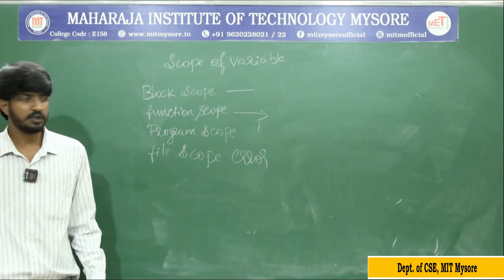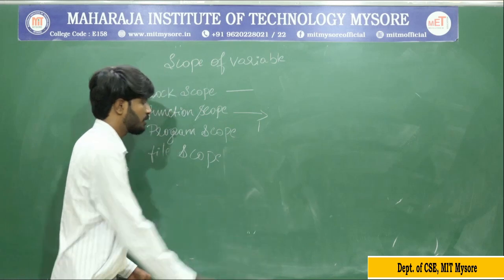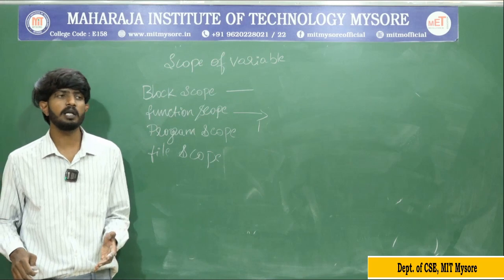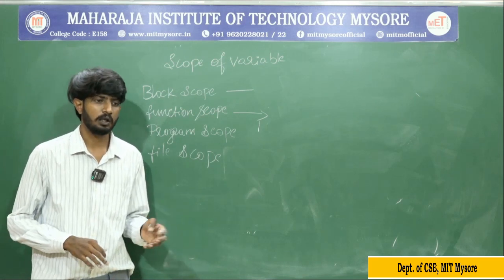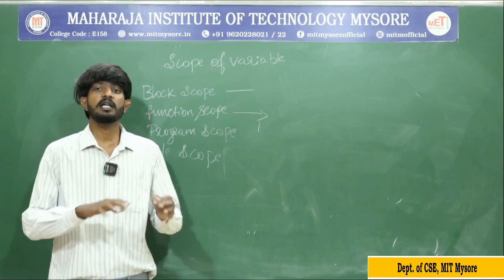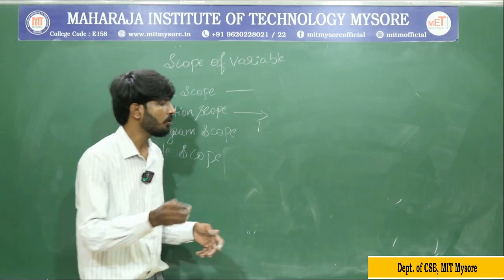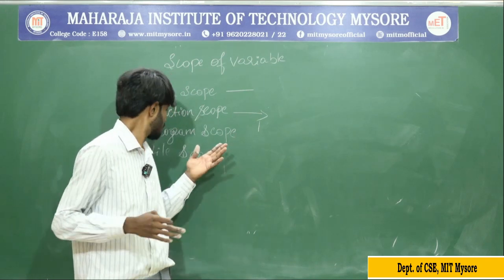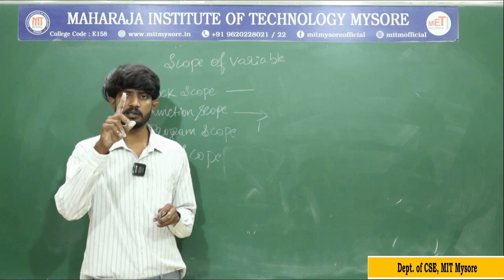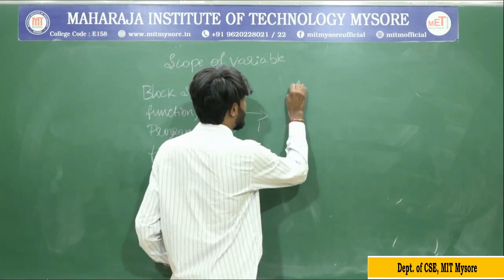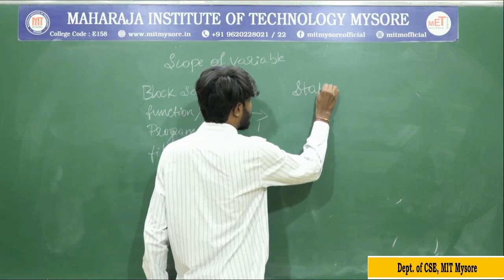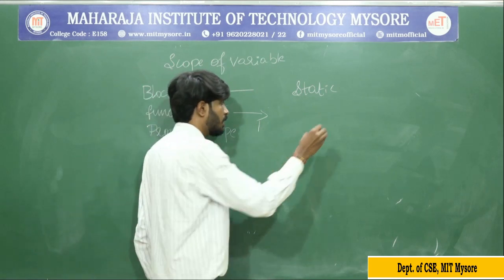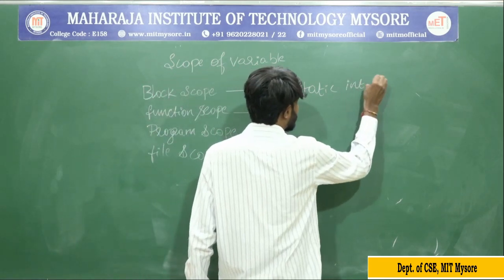Next is file scope. In file scope, the variable can be used anywhere in that file. To declare a file scope variable, you need to use the keyword static, for example static int a equals 10. This is also a global declaration.